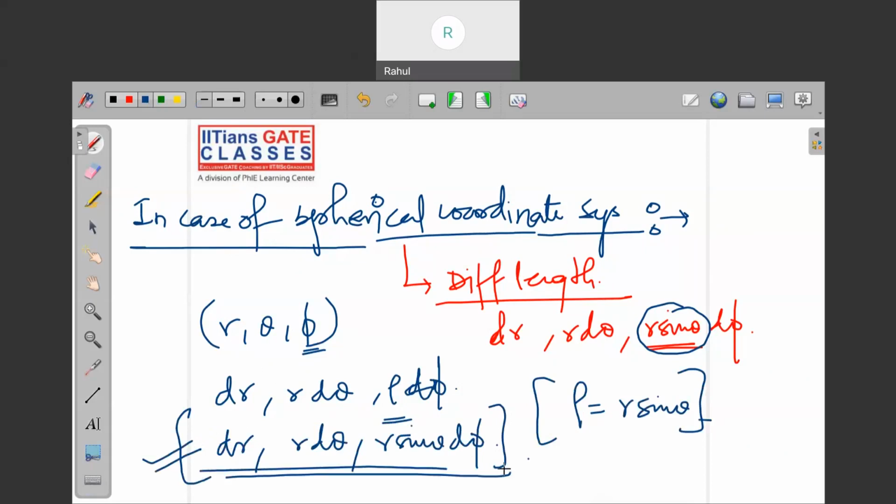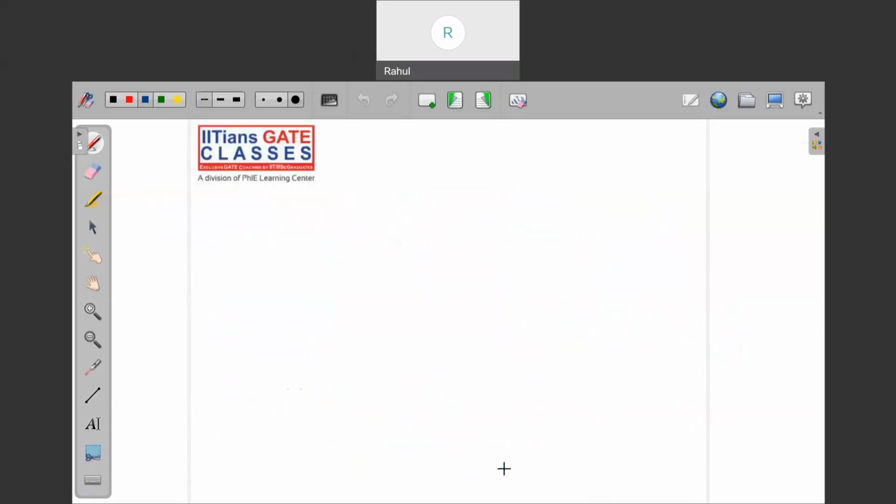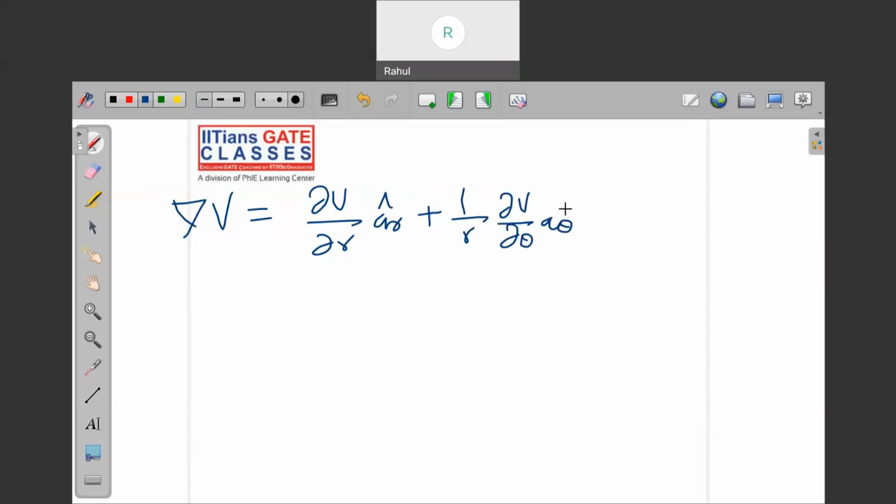Remember, if you are able to recall the differential lengths, you can write the gradient of any scalar function in the spherical coordinate system as: gradient of v is equal to dou v by dou r, a r cap, plus, since r d theta is there, 1 by r dou v by dou theta, a theta cap, and then 1 by r sine theta dou v by dou phi, a phi cap.